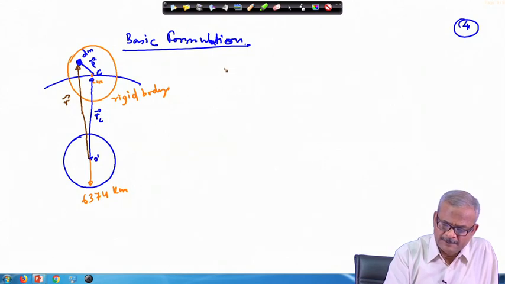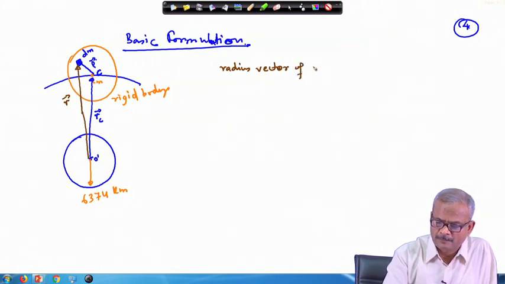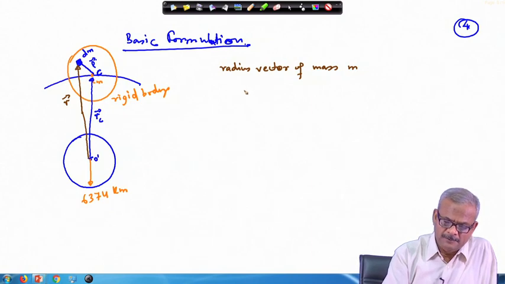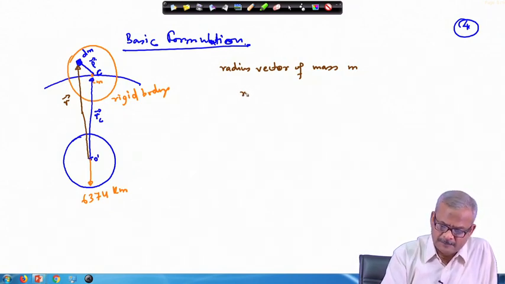So, the radius vector of mass m becomes r equal to r c plus rho.